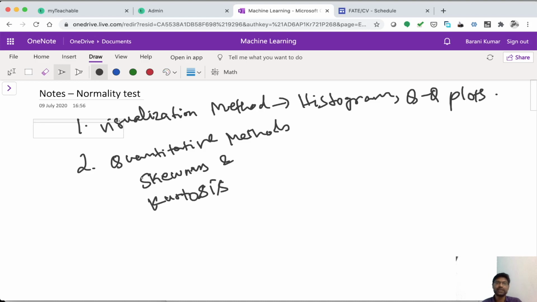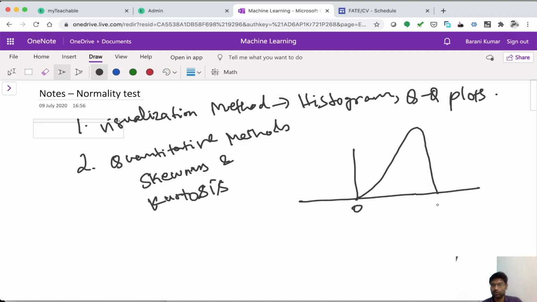Okay. So first let me explain what skewness is. Skewness is defined as the measurement of how much my data is towards a particular side. For example, assume this is our distribution curve, and this is the starting position, say the 0 axis, and my distribution curve goes in this manner.